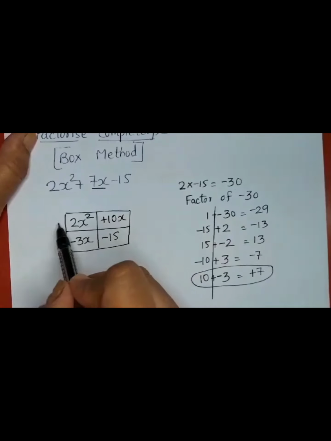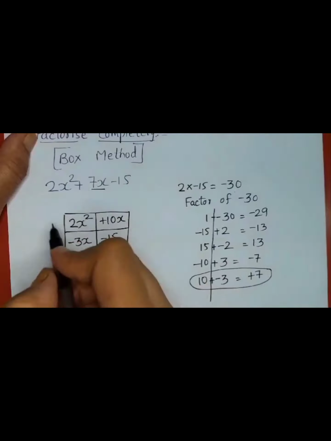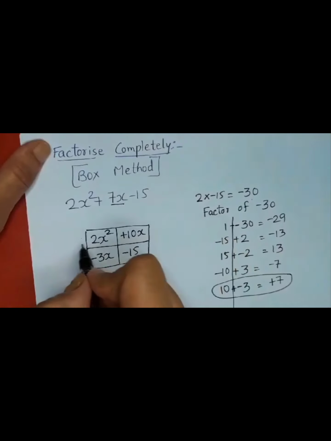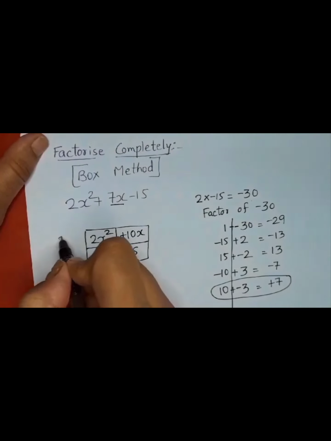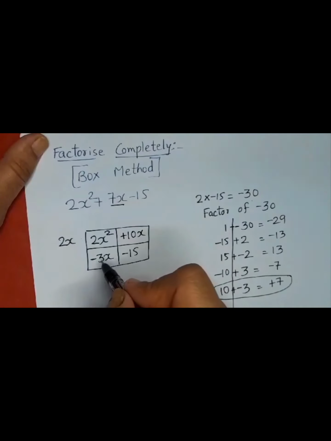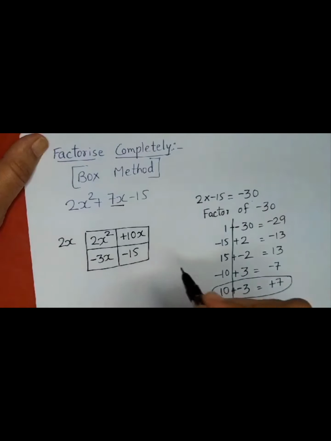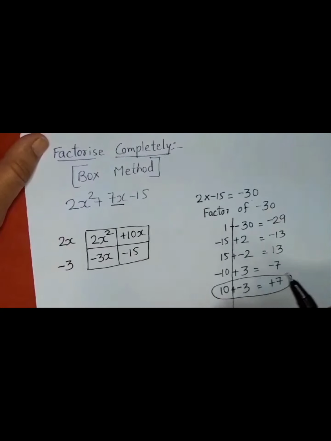Now for this row, let us find out the common factor. So we get here 2x square and 10x, the common factor will be 2x. And for this minus 3x and minus 15, we get the highest common factor as minus 3.